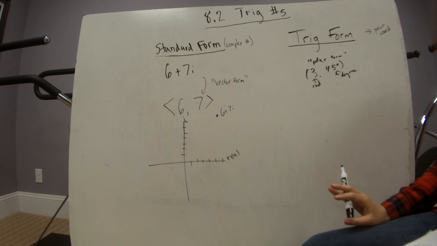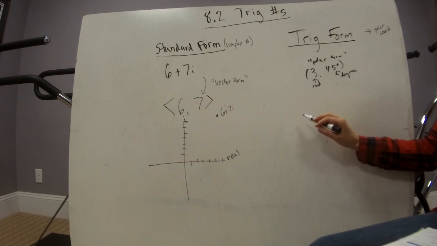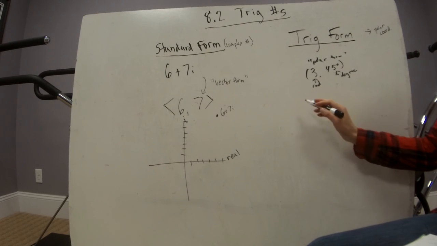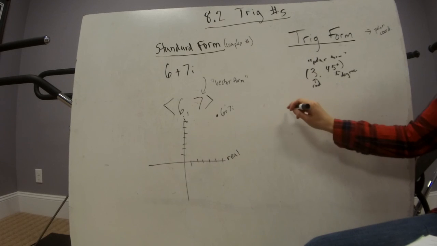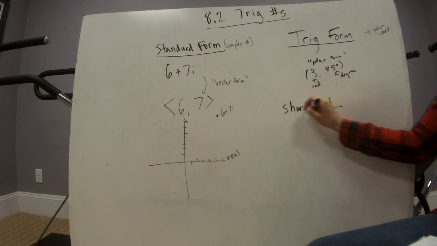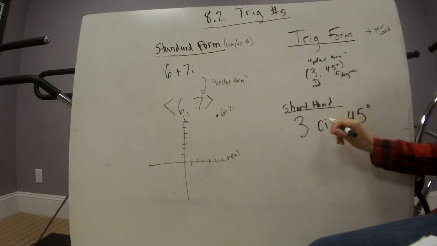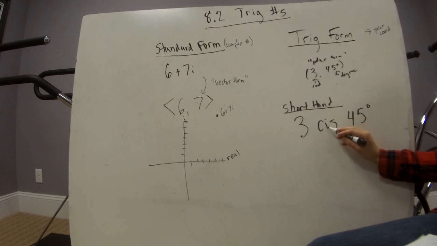It's very weird, though, if you're wondering how they get there. They write it two different ways. The shorthand form, which I prefer, would be 3 cis 45 degrees. And cis stands for cosine and then imaginary sine.